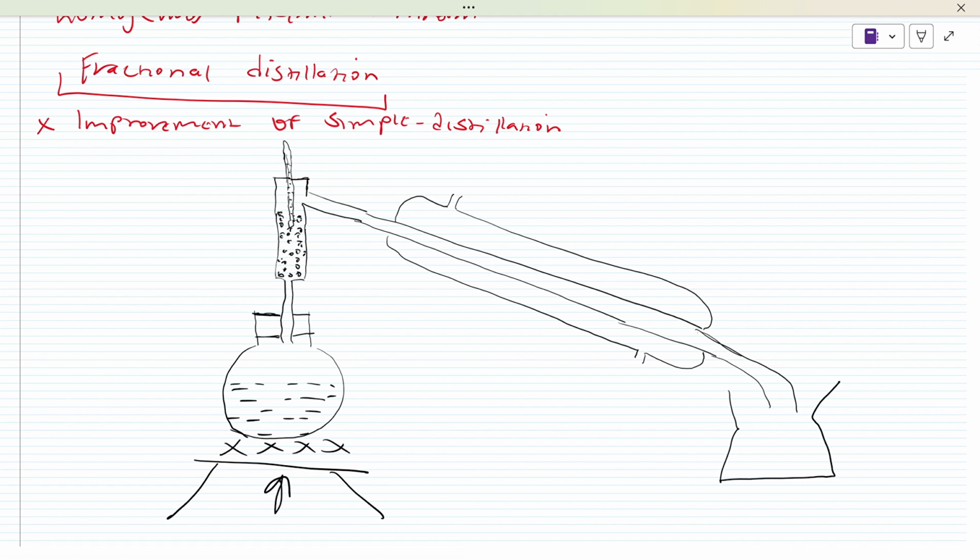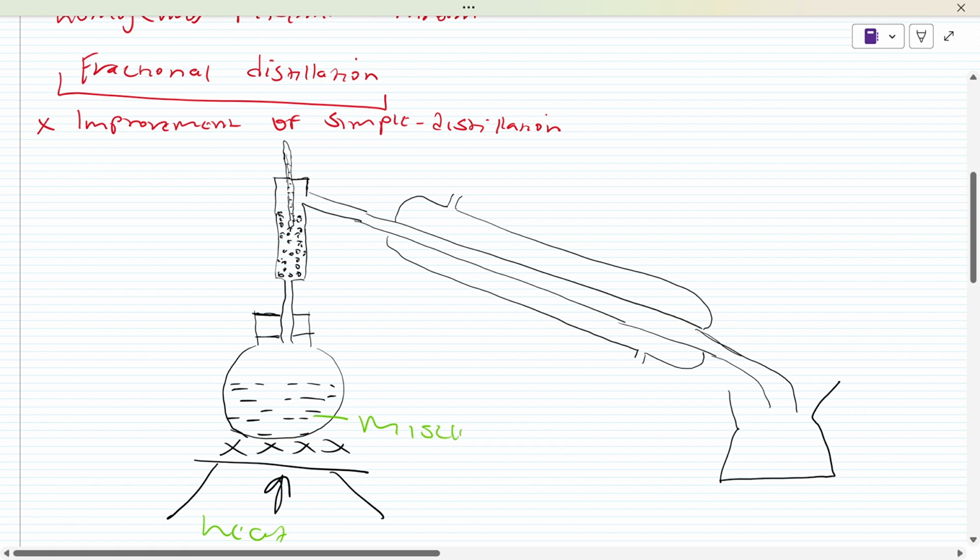So I'm going to have heat down here. Then mixture, which is miscible mixture. Then wire gauze. Then this is going to be my thermometer.